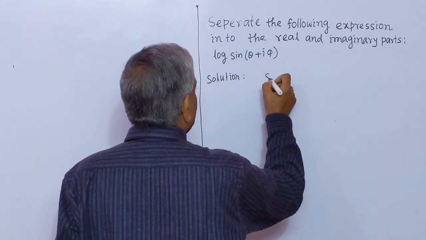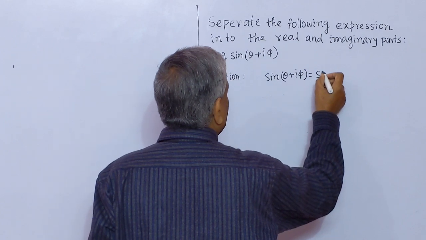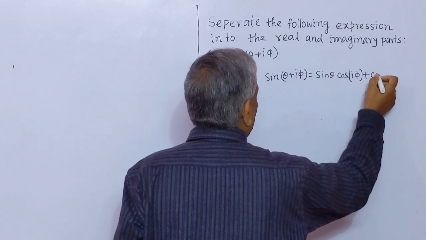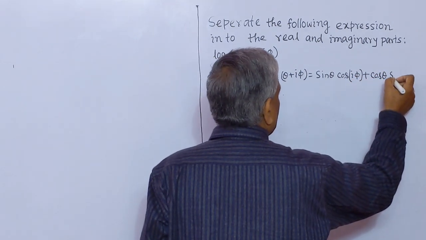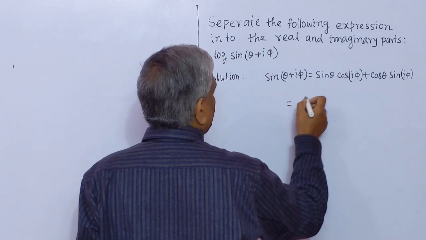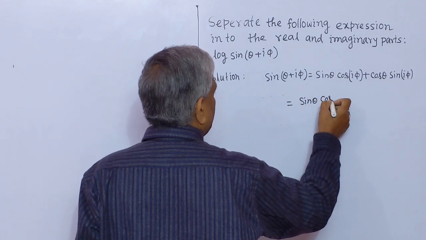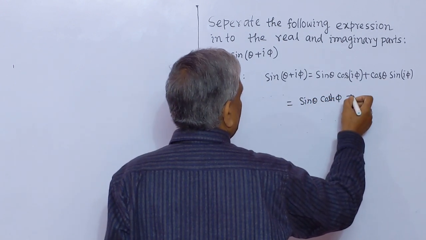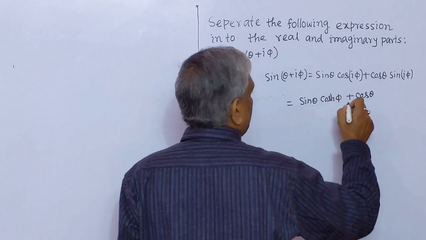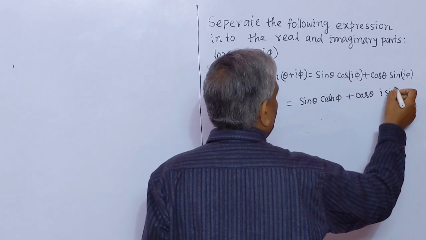Firstly we write sin theta plus i phi equal to sin theta cos i phi plus cos theta sin i phi, and this will be equal to sin theta cos i phi is cos hyperbolic phi plus cos theta sin i phi equal to i sin hyperbolic phi.